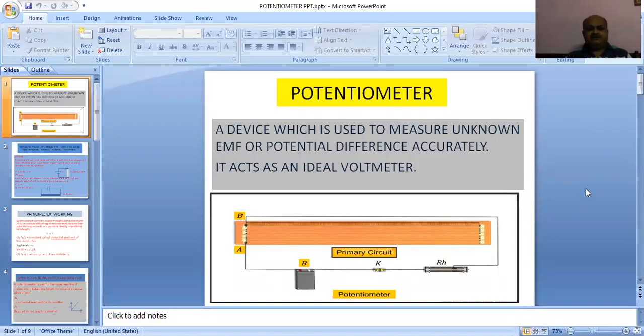Potentiometer is a device which is used to measure unknown EMF or potential difference accurately. It acts as an ideal voltmeter. What is an ideal voltmeter? A voltmeter whose resistance is infinity. And when an ideal voltmeter is connected in parallel to a resistance, it does not draw any current from the circuit or from the source.